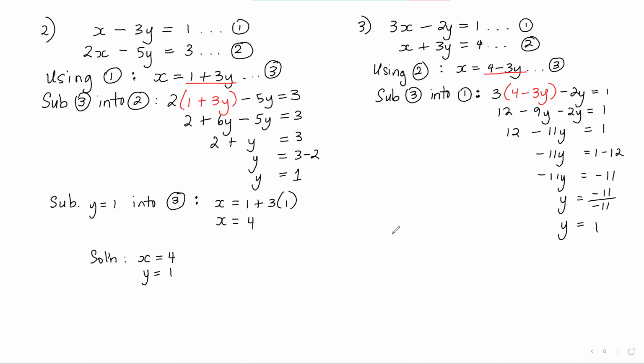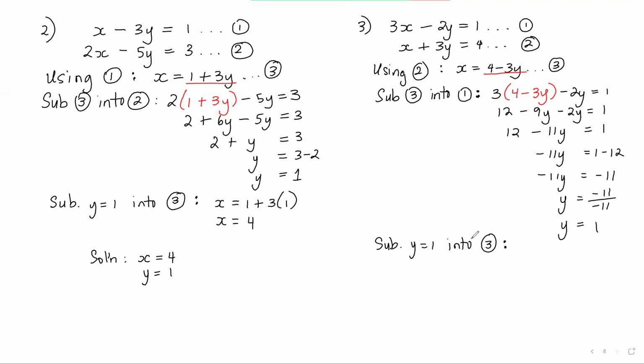Once I get what y is equal to, I can substitute that. So substitute y is equal to 1 into any one of the equations. I'm always going to use the simplest one. So I'm going to use equation 3. But honestly, it wouldn't matter whichever one you use. Once you do your correct substitution and correct algebraic steps, you're going to get it correct.